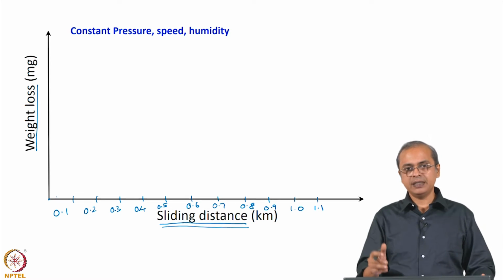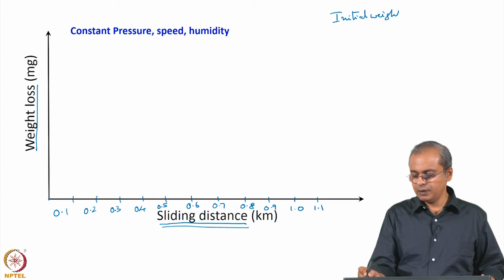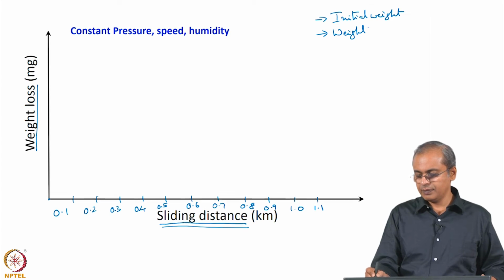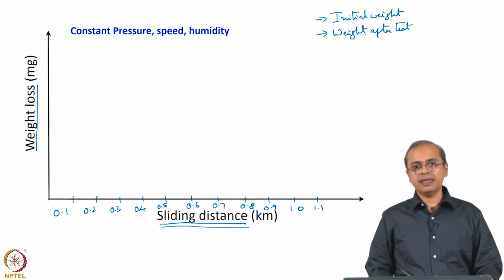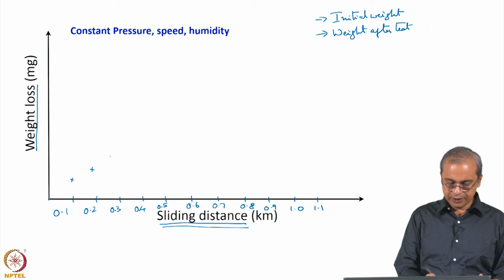So, you have the initial weight and the weight after test, and therefore you can get weight loss. After 100 meters, we check what the weight loss is and put some value here. At 200 meters you have some weight loss, at 300 meters you have some weight loss, something like this.